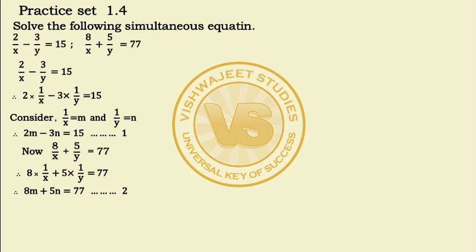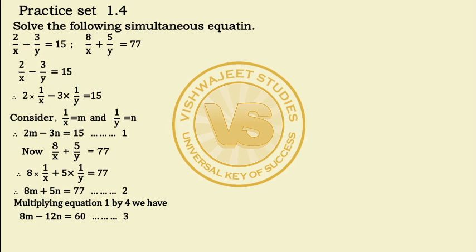For that we are going to multiply 2 by 4. So now multiply equation number 1 by 4. We get the new equation 8m minus 12n is equal to 60. Give it number 3.